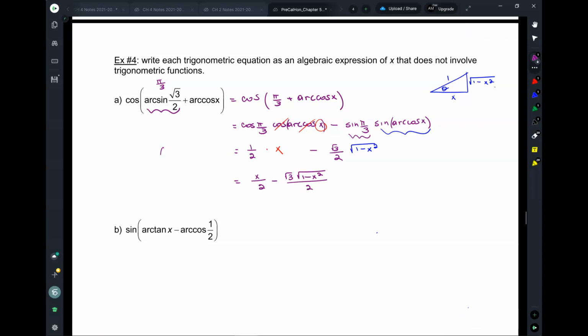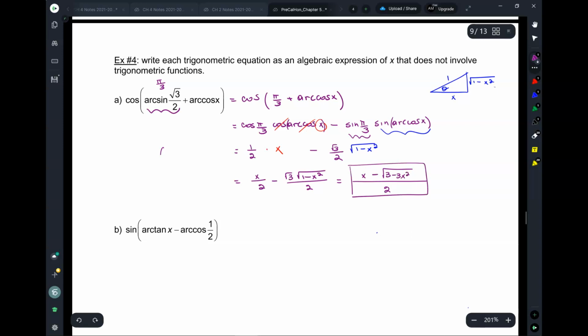And I can actually combine all of that together. This is all in the same fraction with a denominator of 2. I have x minus, a root times a root combines, so I have 3 minus 3x squared in the root, and that is the final answer.